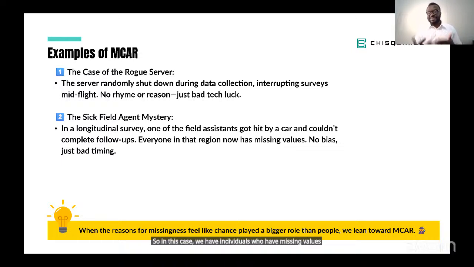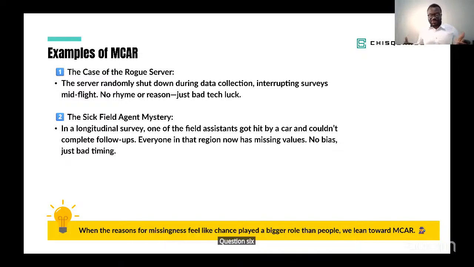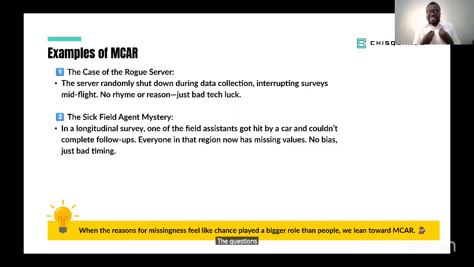Let's say I was answering the questionnaire, I was on question 4, and then the server just cut down and suddenly I did not answer question 5, question 6, or the subsequent questions. Well, there's nothing about questions 5 or 6 that made them unanswerable, right? The questions themselves had nothing to do with me not answering them. It was just bad luck.